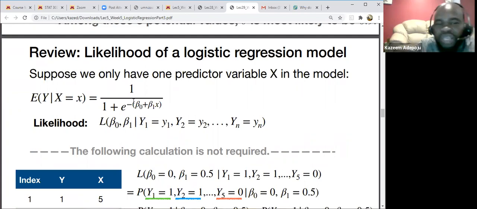Now, the parameters in this model are beta naught and beta 1. It means the likelihood that I want now, I'm seeking the largest likelihood for the combination of these two parameters given the values of my response, which is the value of the response across the sample of individuals in my cohort.